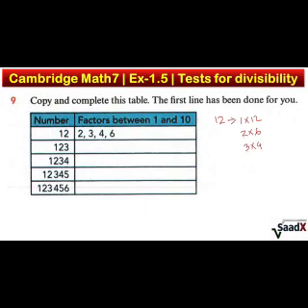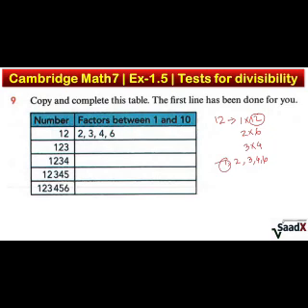So 1, 2, 3, 4, 6, 12 are factors of 12. But we just take 2, 3, 4, 6. 12 we cannot take because it says factors between 1 and 10. 1 is a common thing.